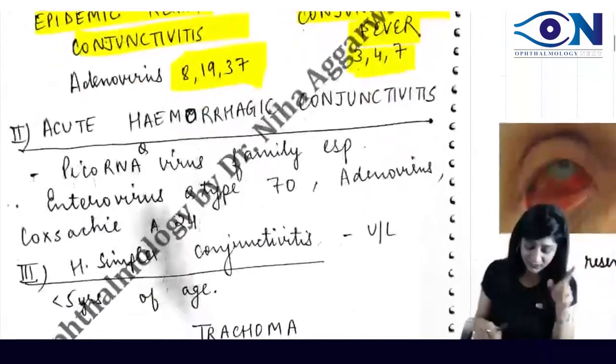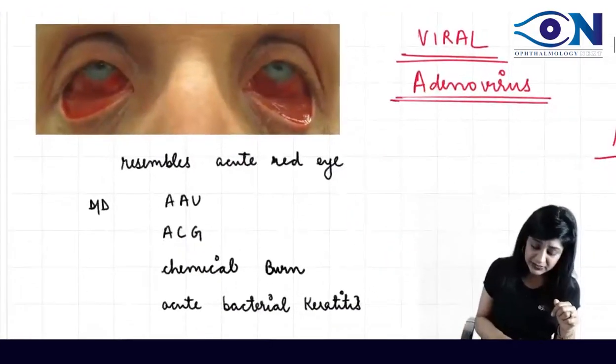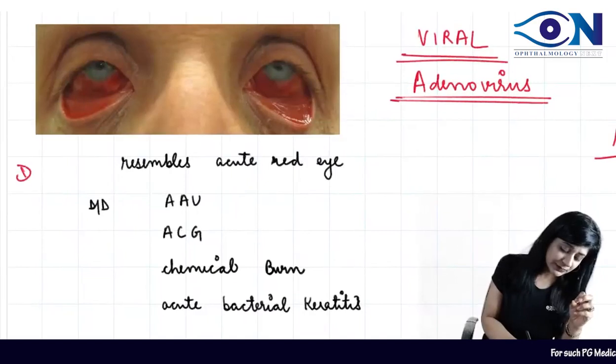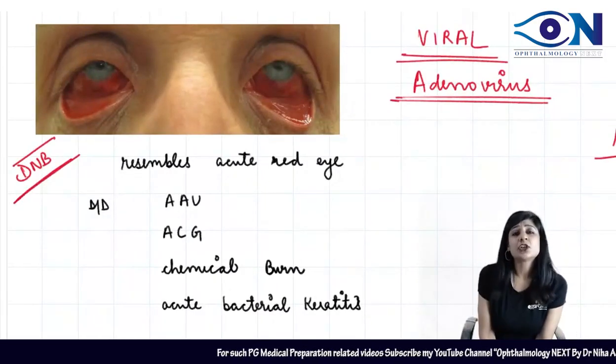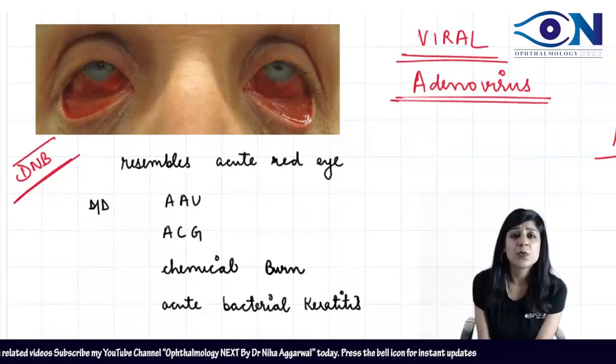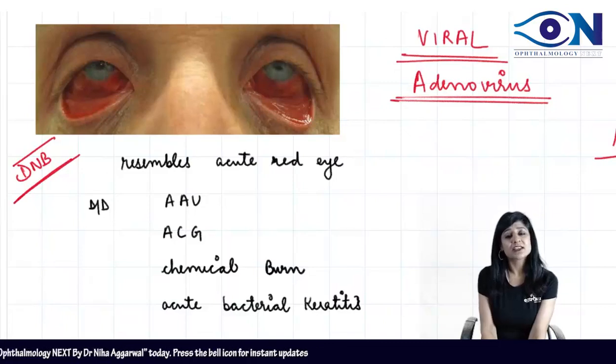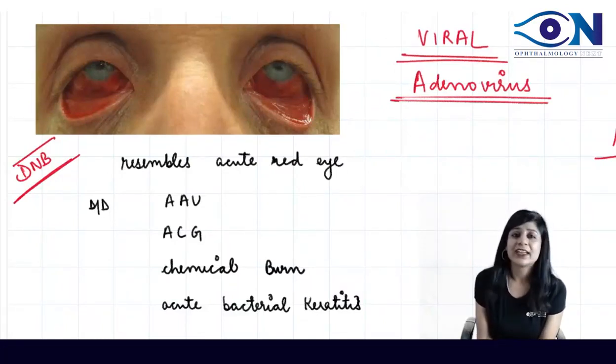While the dangerous one is your hemorrhagic conjunctivitis. This has been asked so many times in your DNB examinations also. This is your acute hemorrhagic conjunctivitis. Now, always remember, when I talk about follicular conjunctivitis or hemorrhagic conjunctivitis, then it is always a virus, okay?